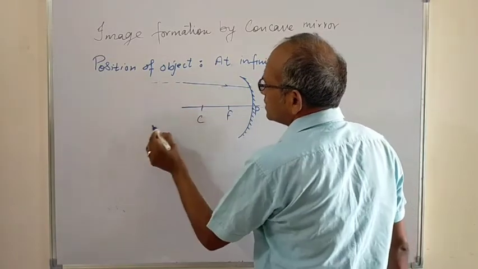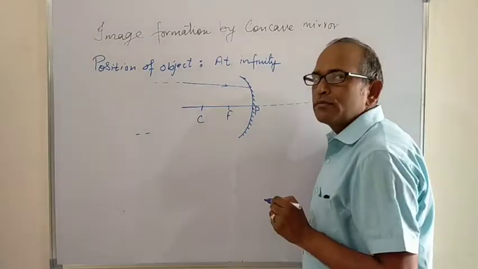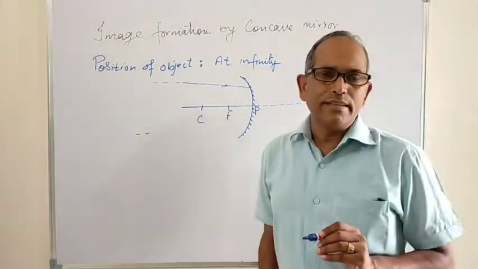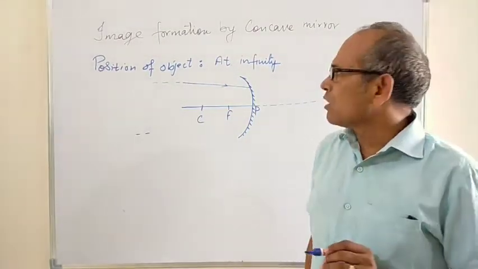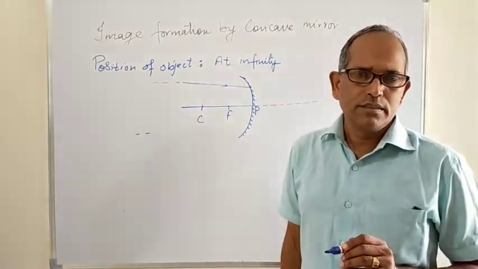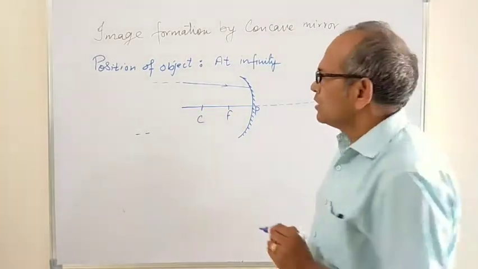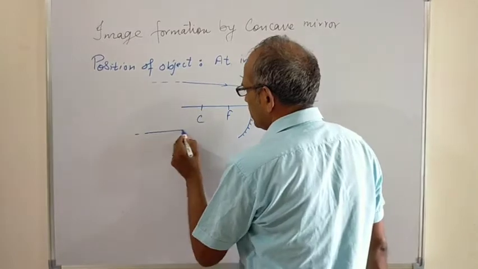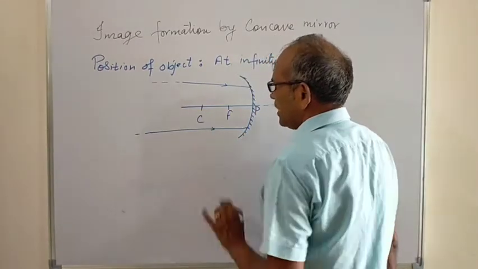As we know, a minimum of two rays of light are required to form an image. So I have taken two parallel rays.